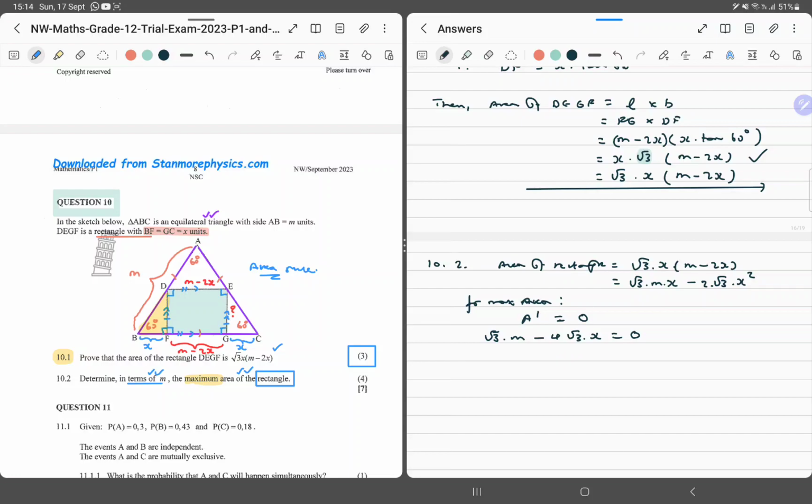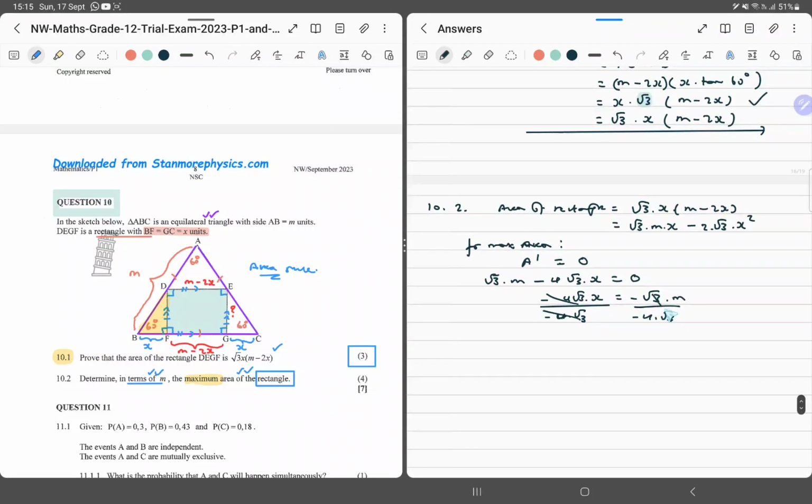Then this is going to be minus 4 root 3 times x equals minus root 3 times m. And then we divide by minus 4 times root 3. Sorry, guys, I'm getting a bit throaty now.